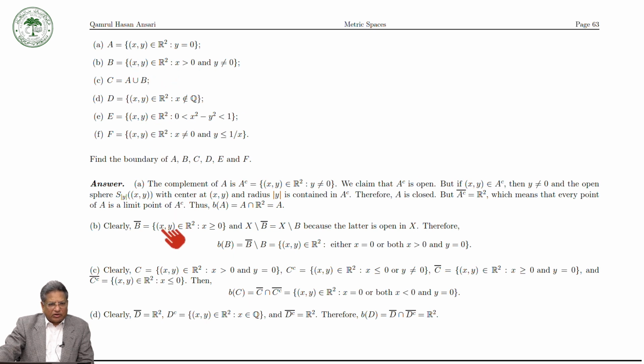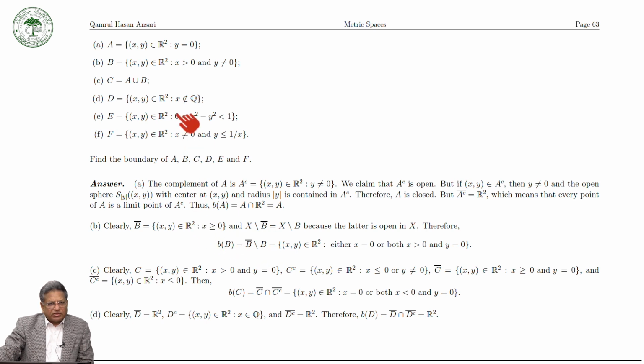Now take the complement of B. Because the closure of B is closed, the complement of the closure of B is the same as the complement of B, because this is open in X, and therefore the boundary of B is equal to the closure of B minus B. So the closure of B is this one, and remove B.